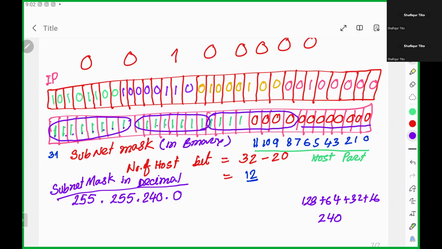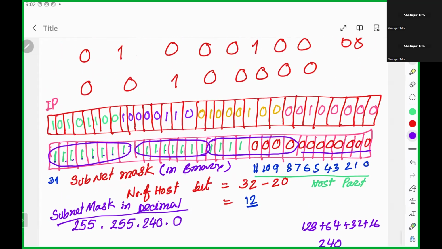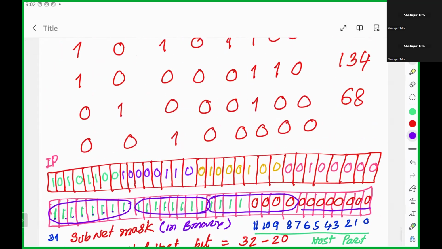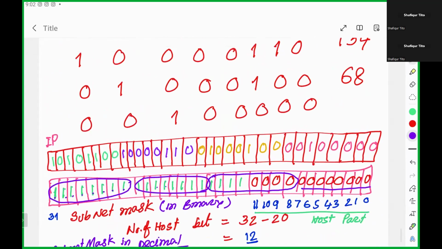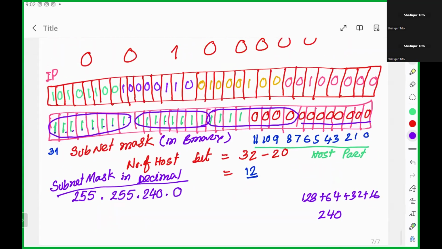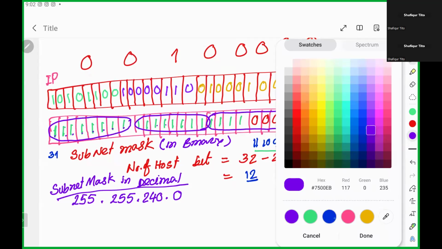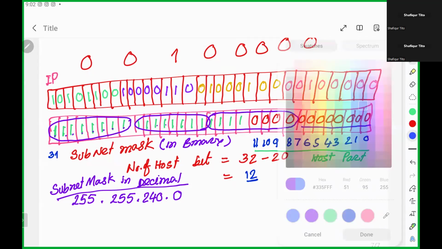Okay. So from here we can find out the network part. I can do it here. Let us just remove this one, and then write down here with a different color. So network address. We want to find out the network address.